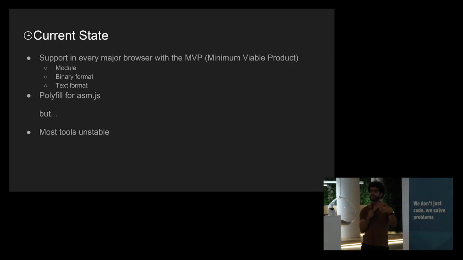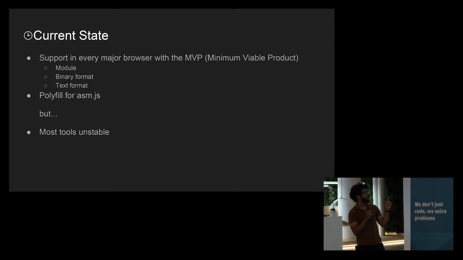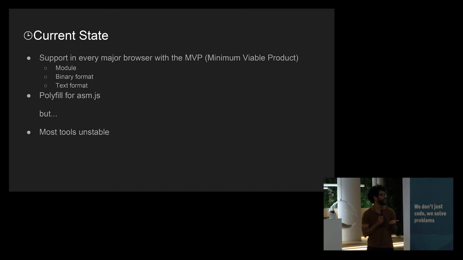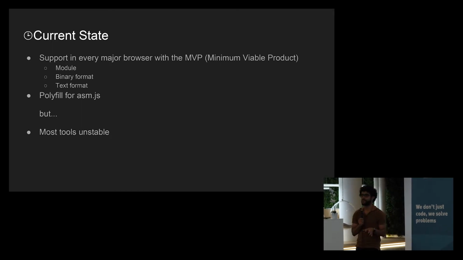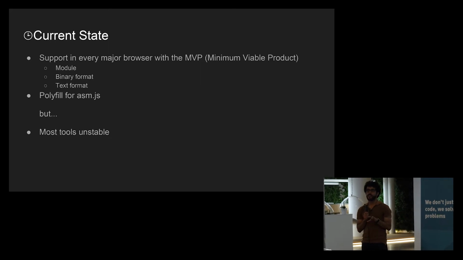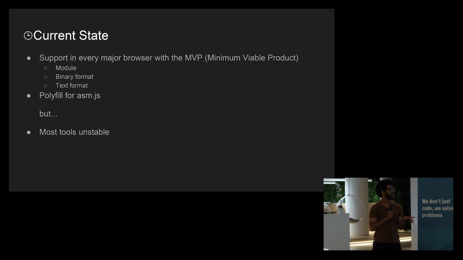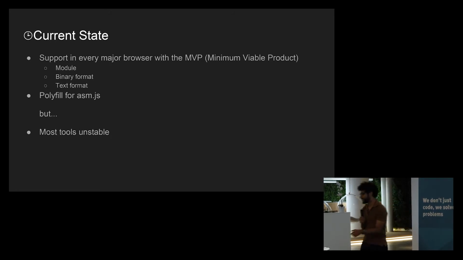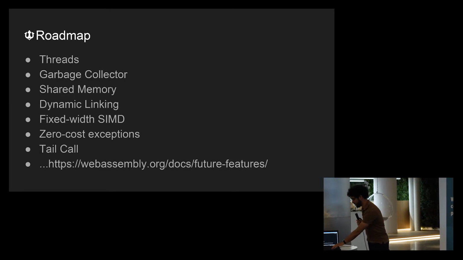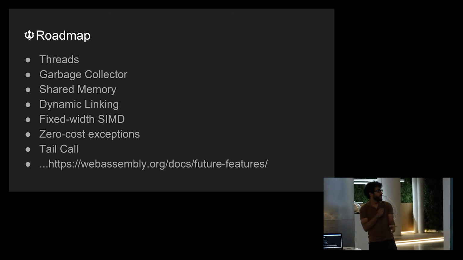There are versions in the specification, not in the actual language to be executed. There is a polyfill also for asm.js, but most of the tools to work with WebAssembly are really unstable. I was pretty sure they were unstable, but not as much as they were when I was preparing this talk.